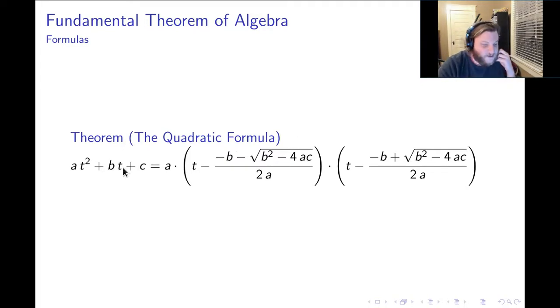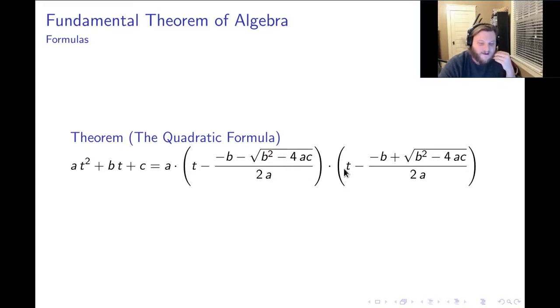And this is the theorem that tells us that every polynomial a times t squared plus b times t plus c factors as the number a, so the leading coefficient, multiplied by the quantity t minus negative b minus the square root of b squared minus 4ac, all divided by 2a.